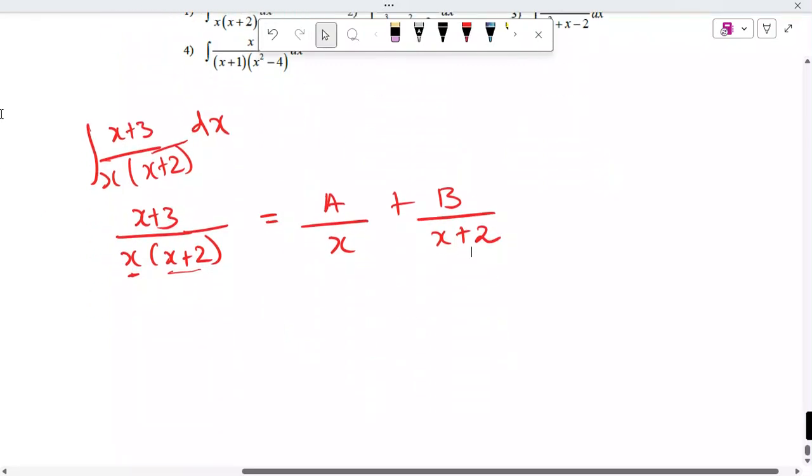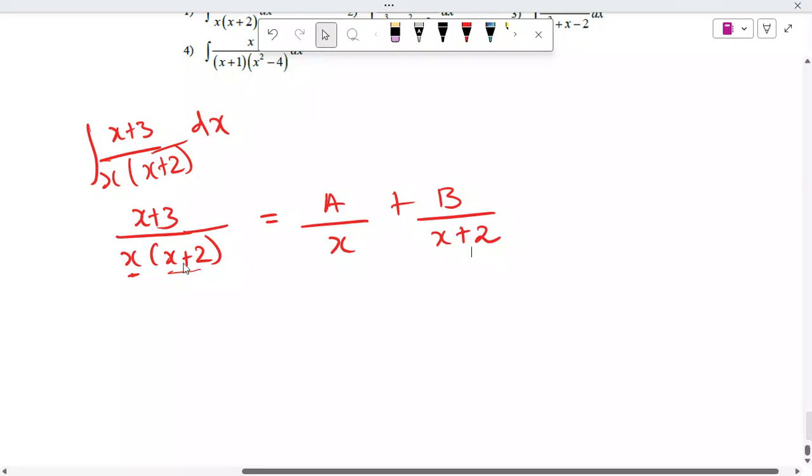Now the job is to calculate the values of A and B. So I was just rewriting this equation. We only focused on the denominator. The denominator has two factors, x and x plus 2, so you have A over x, then the other one, B over x plus 2.